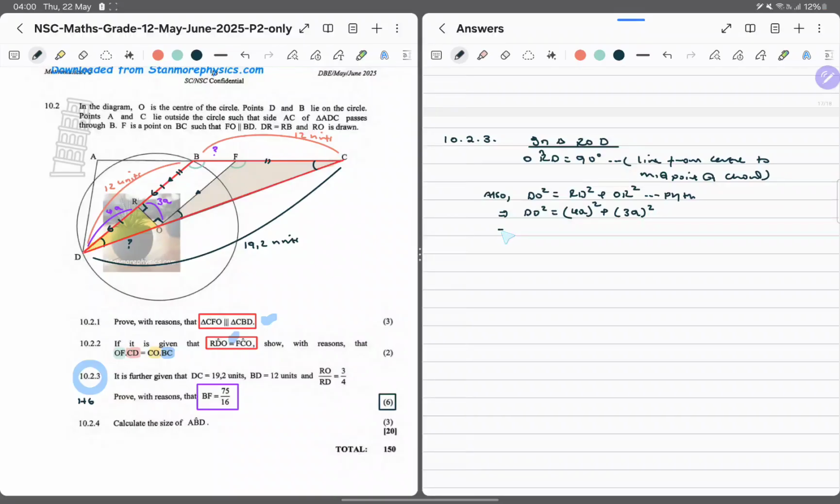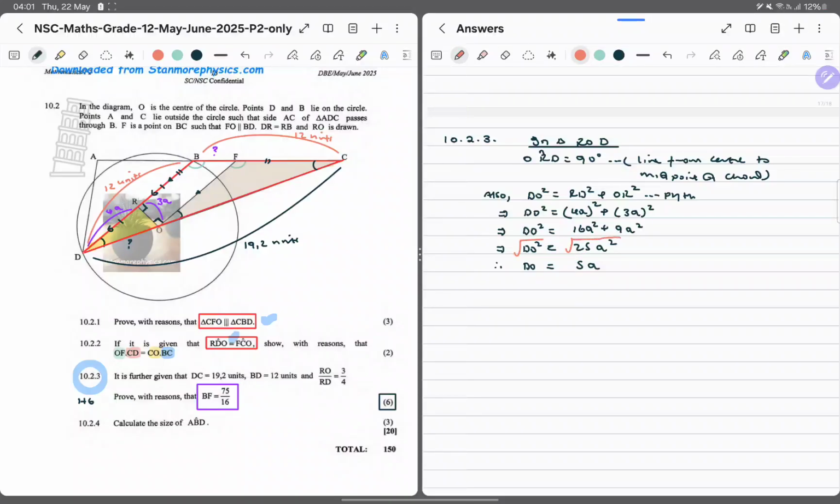Remember the sketch is given, so you annotate it as best as you can. So this becomes 16A squared plus 9A squared. So this implies that DO squared is 25A squared. Therefore, DO is going to be equal to 5A when we take the square root.